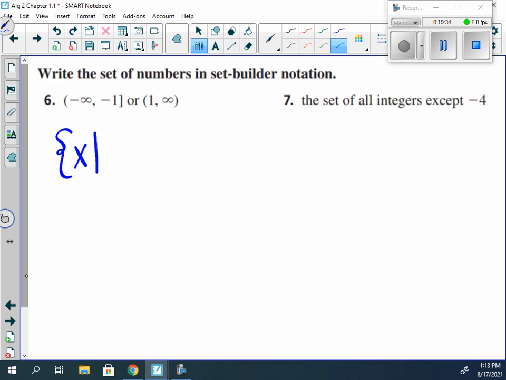So we can start off with our brace x bar, the set of all real numbers x such that what? We can start off with this inequality. X is, what would we say?